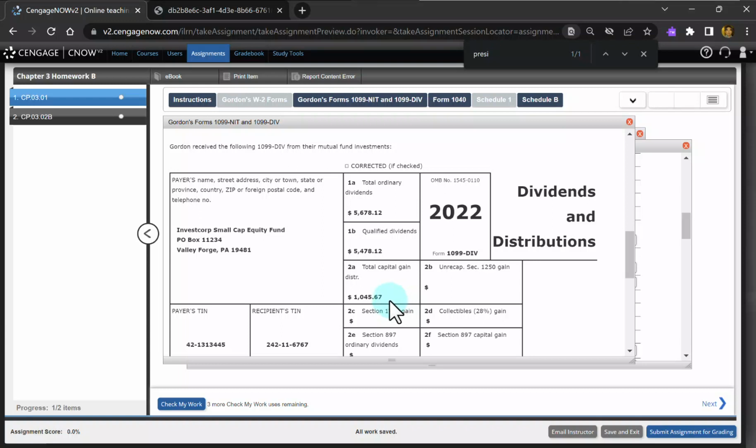So what we're going to do is enter this number directly on the 1040 form. We're assuming there's no other capital gain earned by Gordon. So the amount is 1,046. I'm rounding up to the next dollar here. 50 cents and above, you round to the next dollar. So 1046.